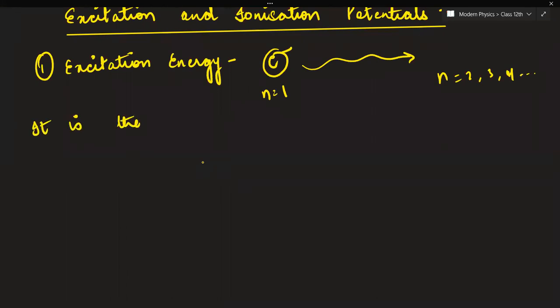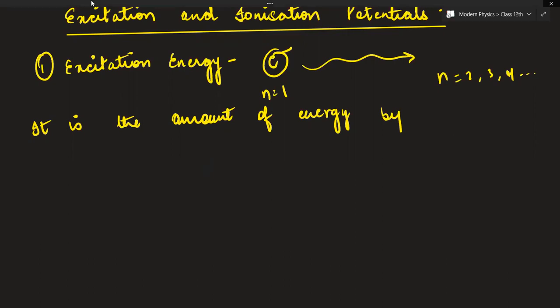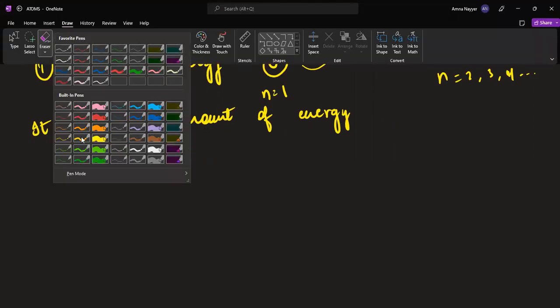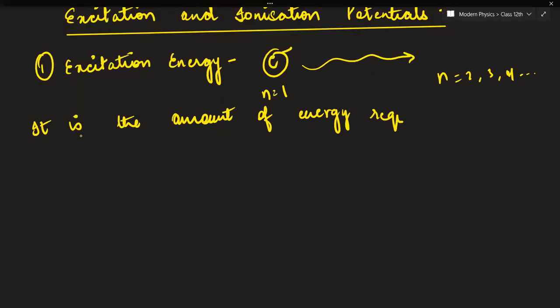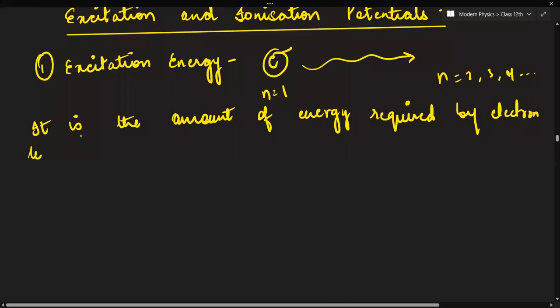It is the amount of energy required by the electron to jump from the ground state.